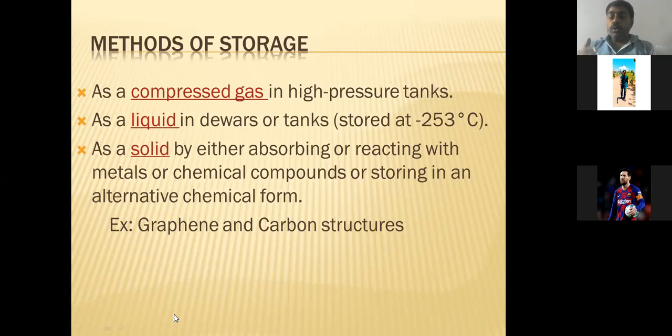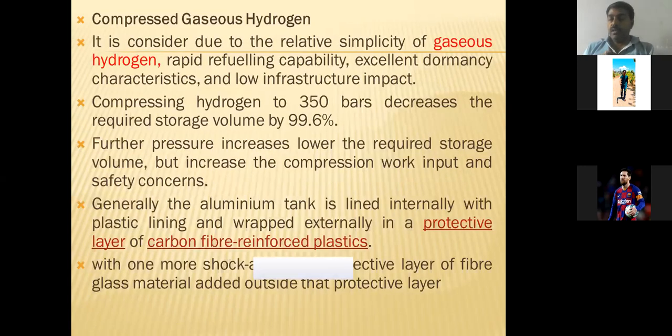Whereas you can do the same storing of hydrogen in solid form also. So you can store hydrogen in three variants: solid, liquid, and gaseous. Let us discuss the three methods.